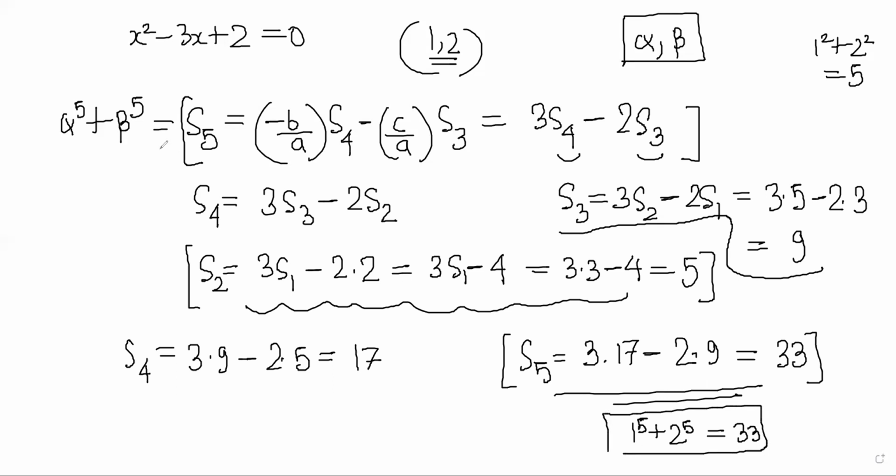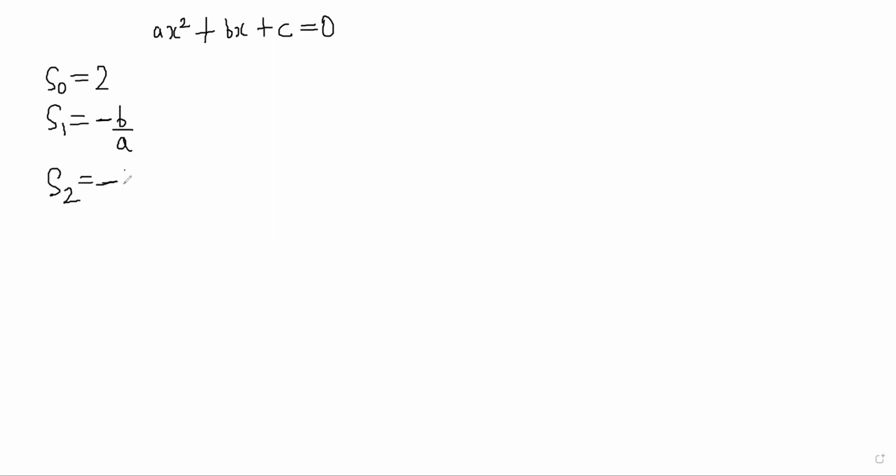So we understand what to do if it is a quadratic. Let me recap quickly. If it is a quadratic equation, ax squared plus bx plus c equals 0, you can write these Newton's identities in the form of a recursion. S0 is 2, S1 is minus B by A, S2 is minus B by A S1 minus C by A into 2, where the 2 is basically S0, remember.